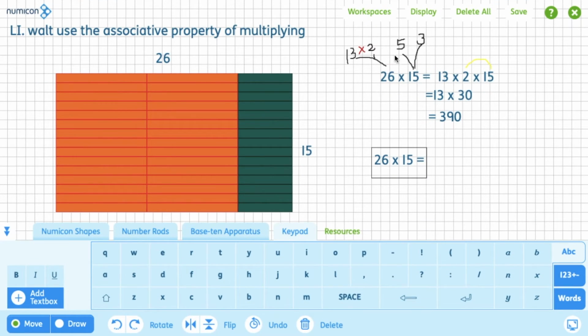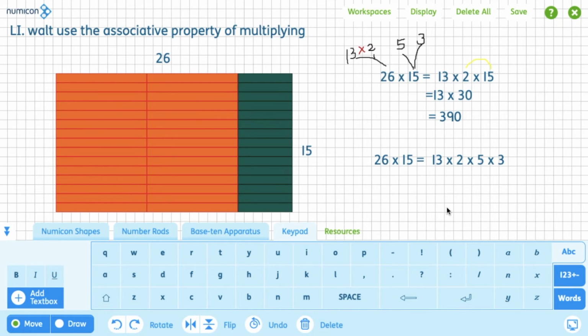Okay, so maybe you were thinking, well, actually, I quite want to keep all of those. So you could have written them all in. So 13 times 2 times 5 times 3. And pop them all in here, and then decided which ones you wanted to do first.